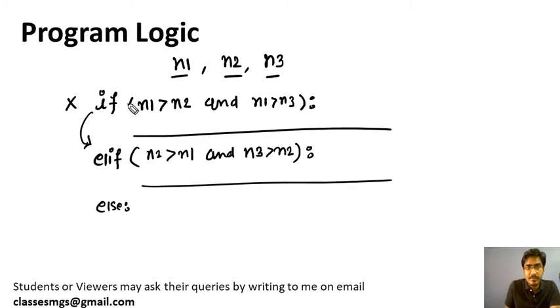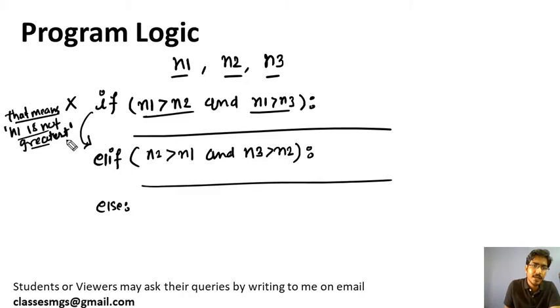If we are coming here, that means n1 is not the greatest, because if n1 were the greatest, then the condition would be true and it would never come here. If n1 is not the greatest, then only we will come here. Now we will check whether n2 is greater than n1 and n2 is greater than n3. If both conditions are true, then we will say n2 is the greatest. Here we will say n1 is the greatest.